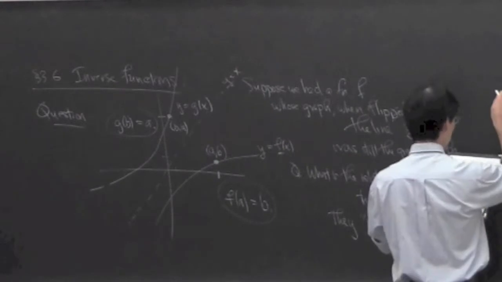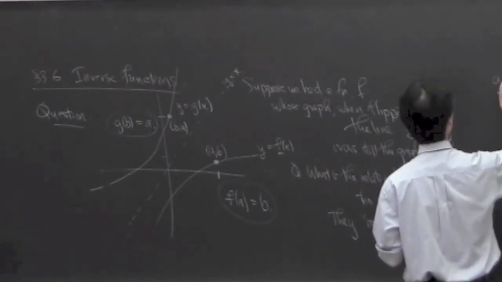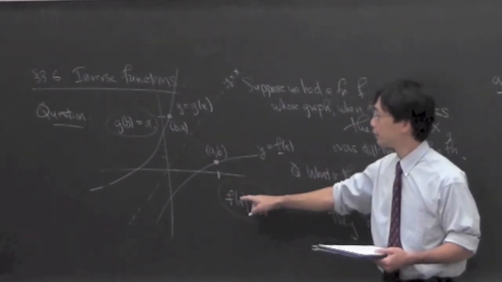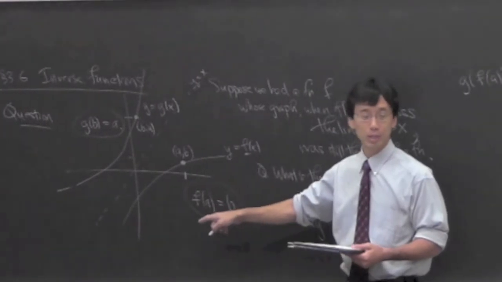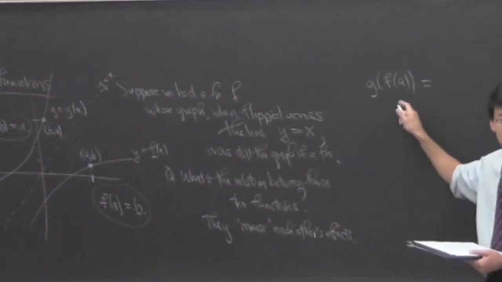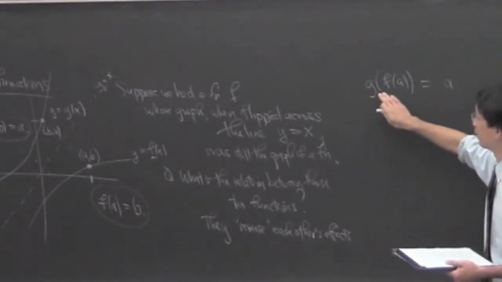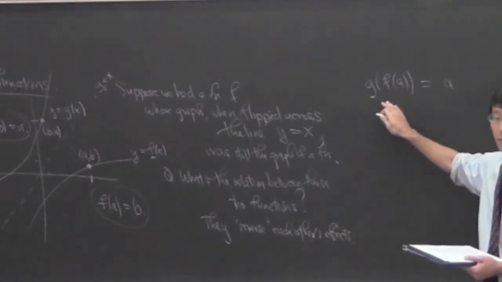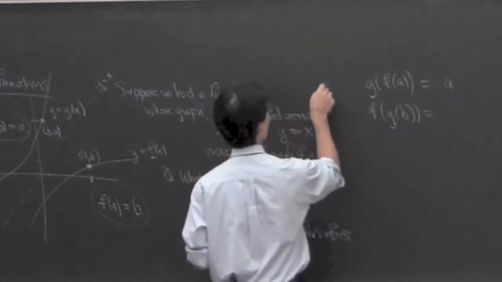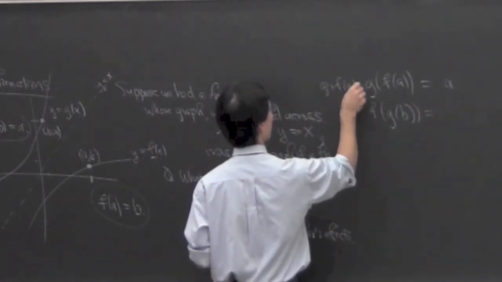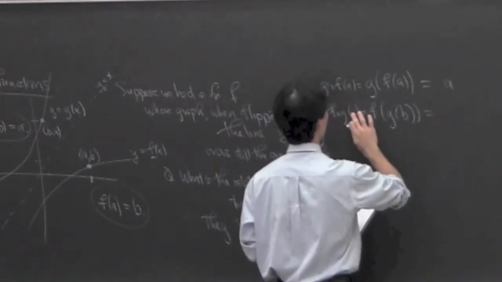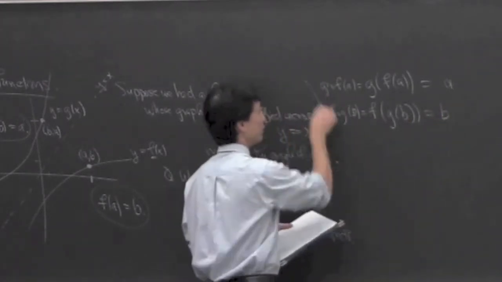Another way of saying that is, what's g of f of a? It's going to be a, because f of a is b and g of b is a. And similarly, f of g of b, maybe I should write this using composition notation, is going to be b.